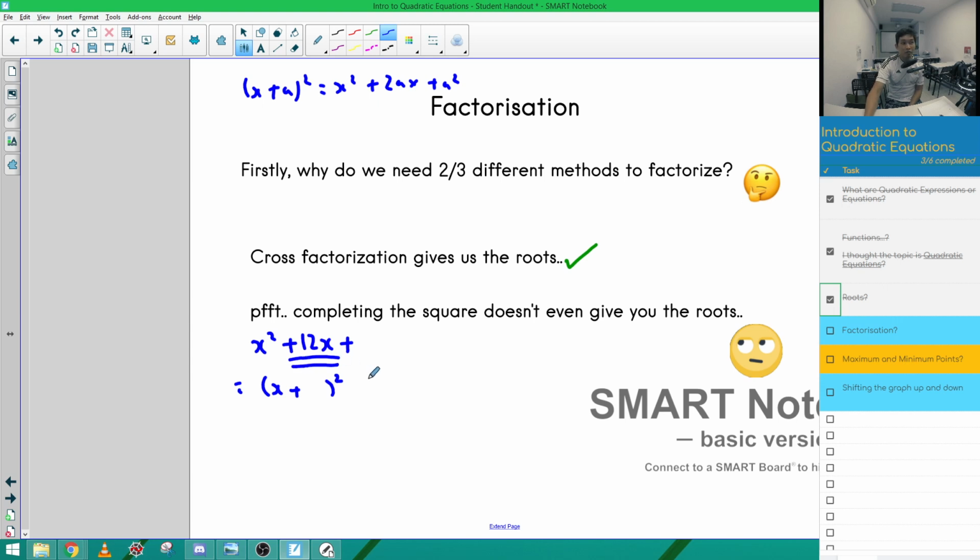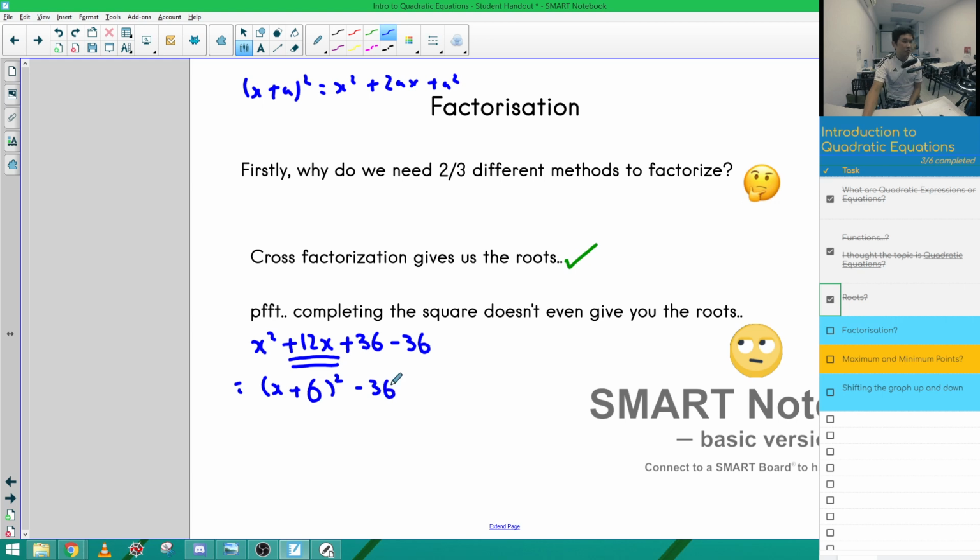So if I divide by 2 and I divide by x, I'll get a, meaning that our a in this case is 6. I'll probably want to have this. In order to make this happen, I need to borrow 36. If I borrow 36, I need to remove the 36. So we'll have this.